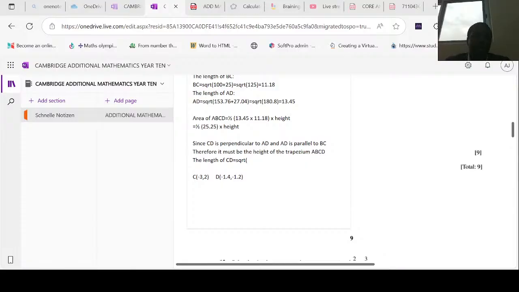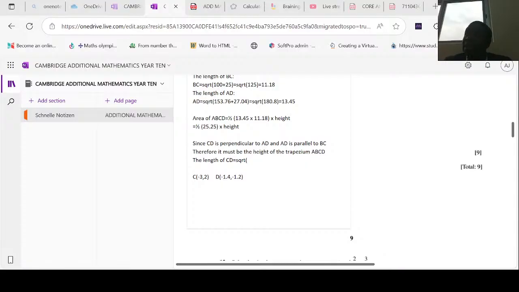Square it. 2.56. Is that what you get? Confirm. Minus 1.6 square. No. Square, not square root. Square. So am I doing the wrong thing? 1.6 times 1.6 is 2.56 now. So you didn't do the correct thing.